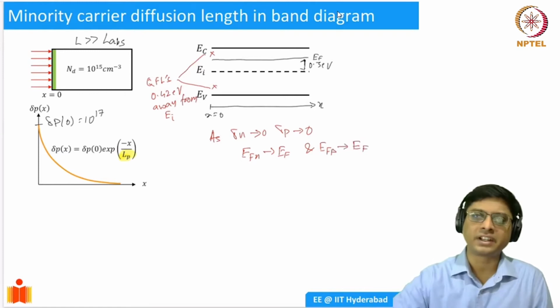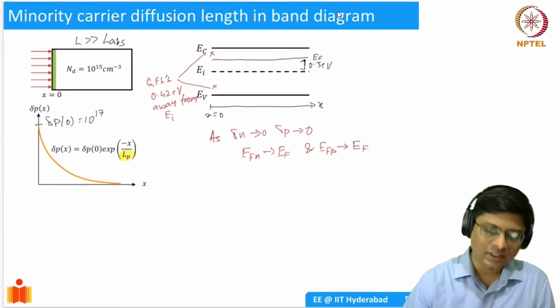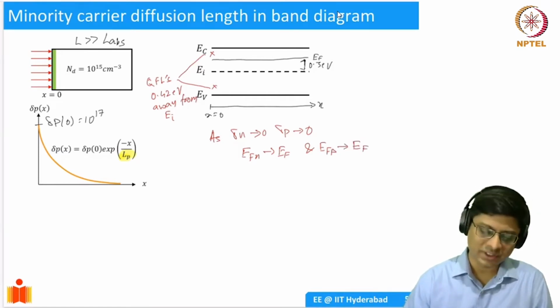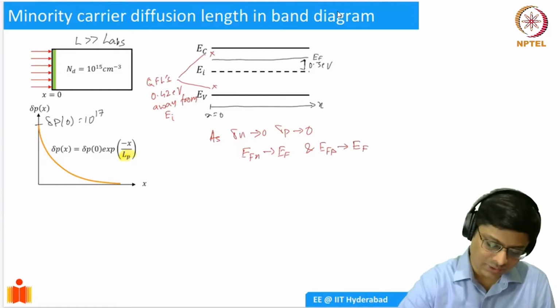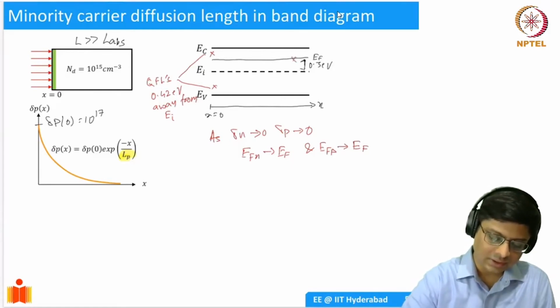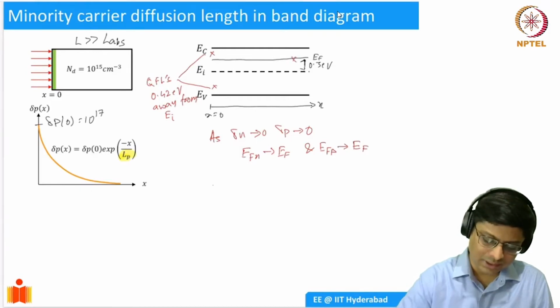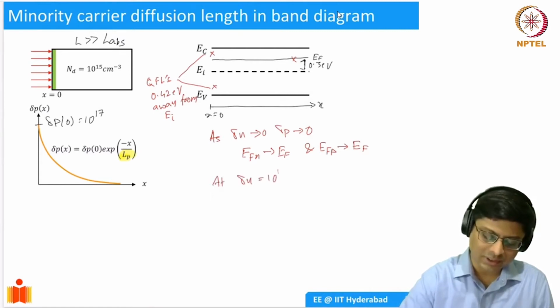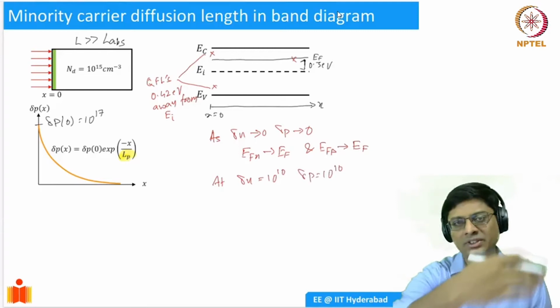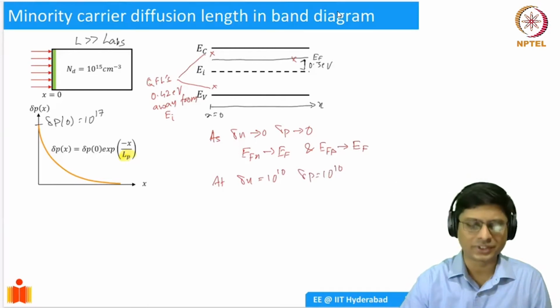So if you go far away, as x tends to infinity, the quasi Fermi levels should merge with EF. Let's take just one more case, at some x, where delta N equal to 10 power 10 and delta P equal to 10 power 10. Because delta P is reducing exponentially, at some x you'll have this situation.